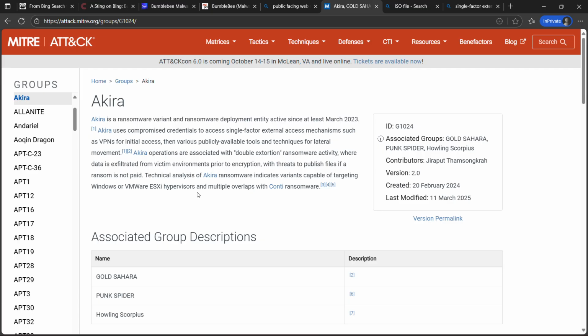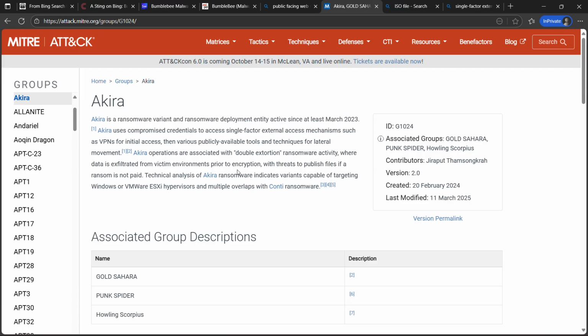So they do not just encrypt the files, they will also threaten to publish them. That's what double extortion means.